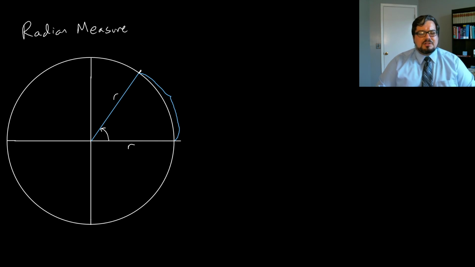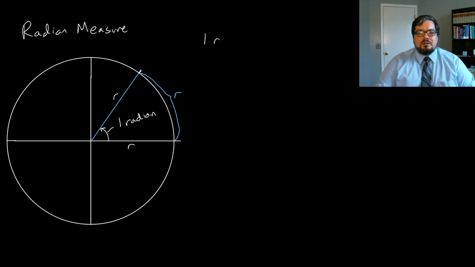And this arc starts off very small if the angle is small, and gets bigger and bigger as it goes. And eventually we're going to get to the point where this arc along the outside of the circle has a length equal to the radius of the circle. And that's going to happen at a specific point. And so we are going to call this angle right here 1 radian.